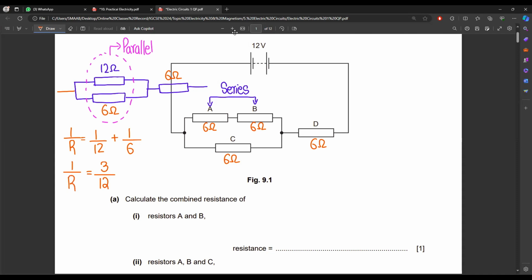If you flip the value, definitely you will get the answer 4 ohms. So finally, we join A, B, C. So this resistor is the joint resistor of A, B, C, and the total value is 4 ohms.